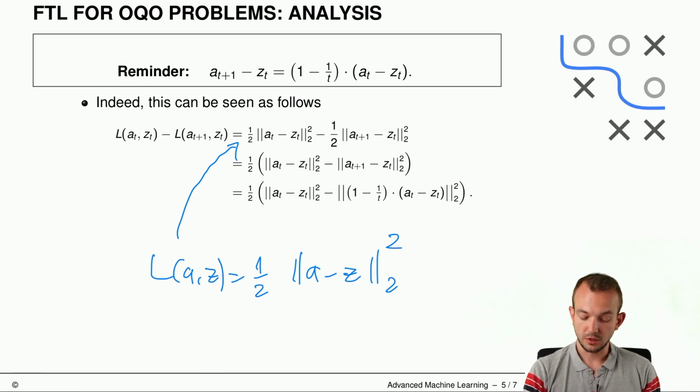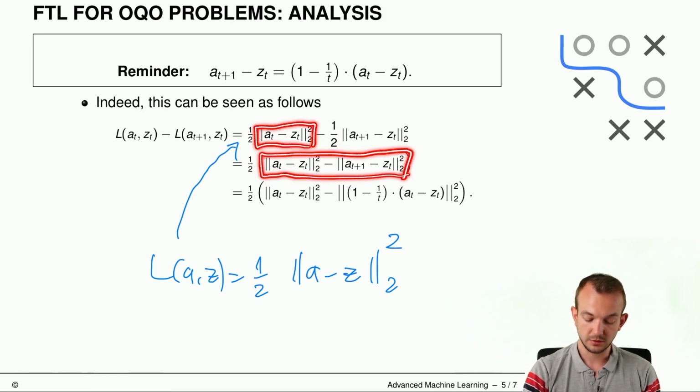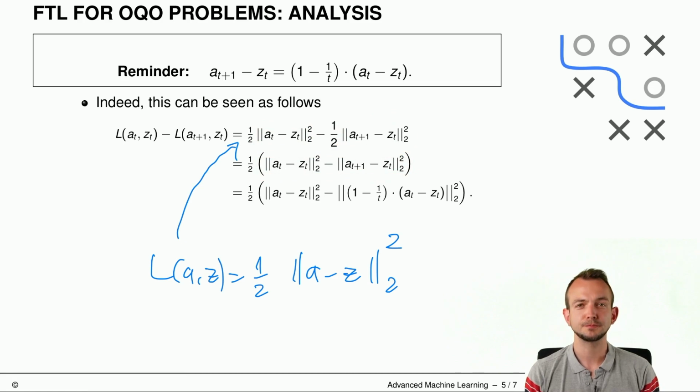Okay, and then what we can do is we can use the law of distributivity, use this 1/2 and this minus 1/2 and write it in front of it, so that we have the remaining two squared Euclidean distance terms collected in one bracket.